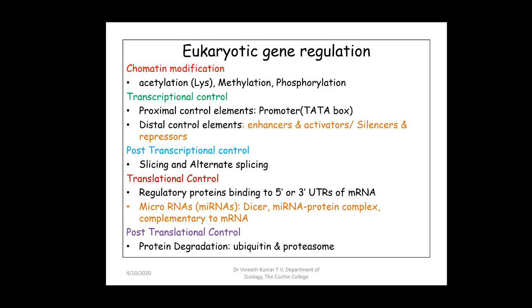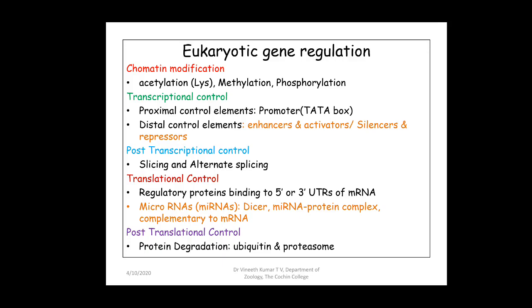Acetylation, methylation, phosphorylation, all these processes are done on the histone proteins. For example, in the case of acetylation, when lysine residues of lysine, which is an amino acid present in the histone protein, are acetylated, these histone proteins lack their affinity for DNA.